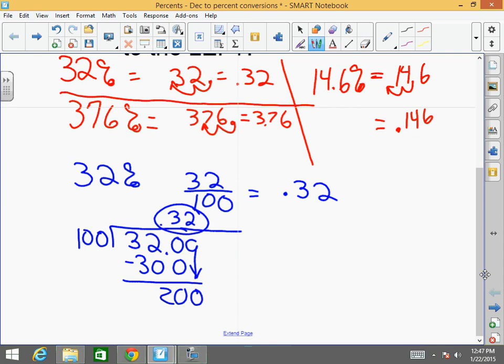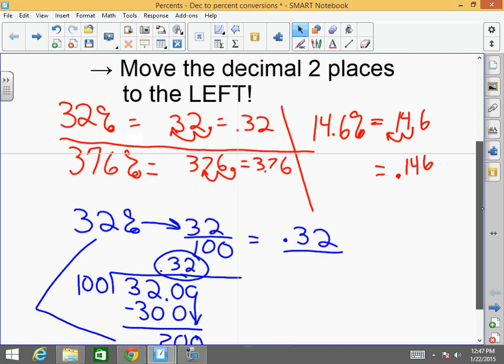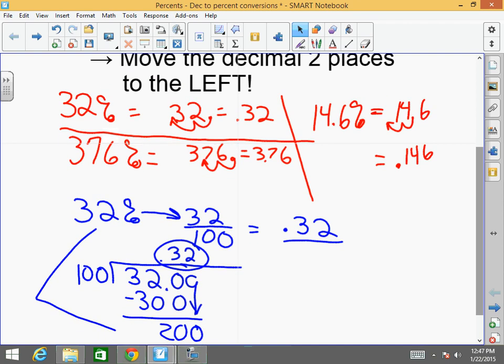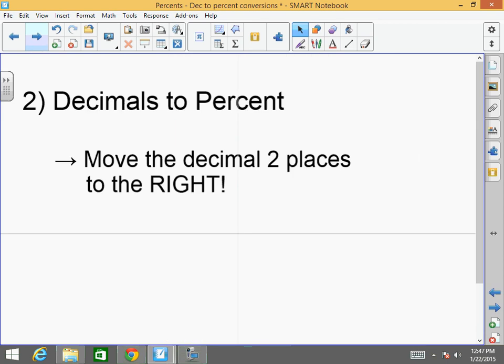You can convert the percent to a fraction and read that decimal, 32 hundredths. You can actually divide it, or the easiest way, since you know it is being divided by 100, you just move the decimal 2 places to the left. Does that really make sense, guys? Okay, thank you, my brothers.